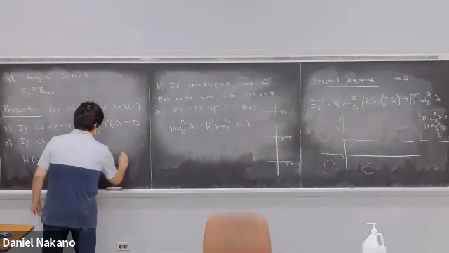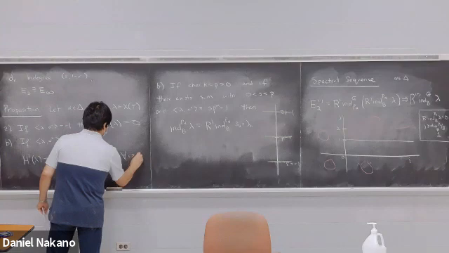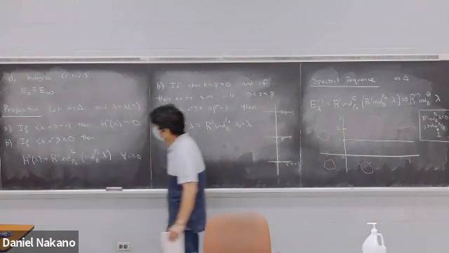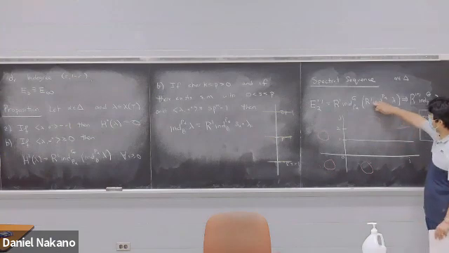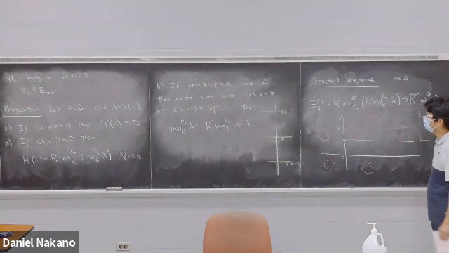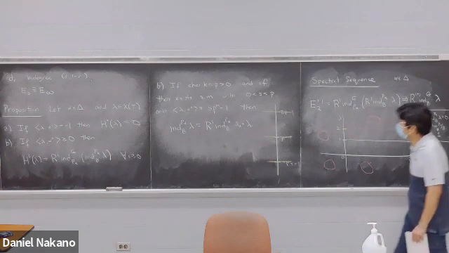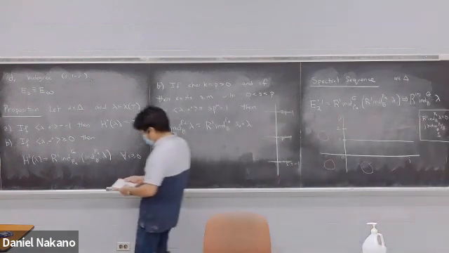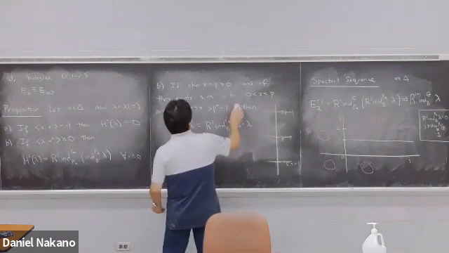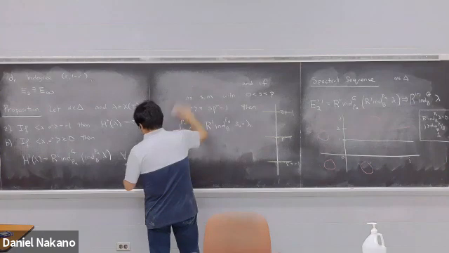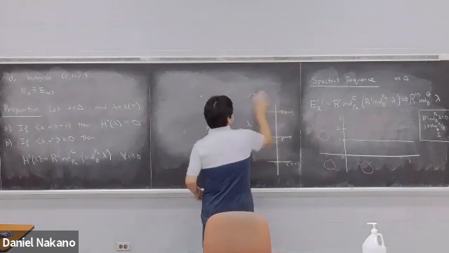And this happens for all i. So we can get rid of this part, or just make this j equal to 0. All right, so we did this case. Of course, we have to do the other case too, and in the other case, we have a dimension shift.